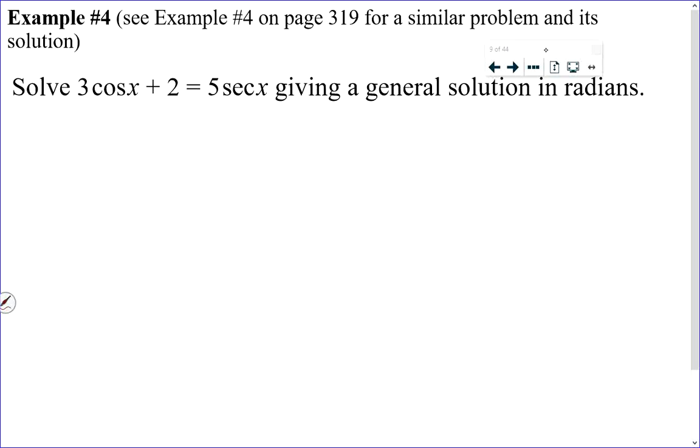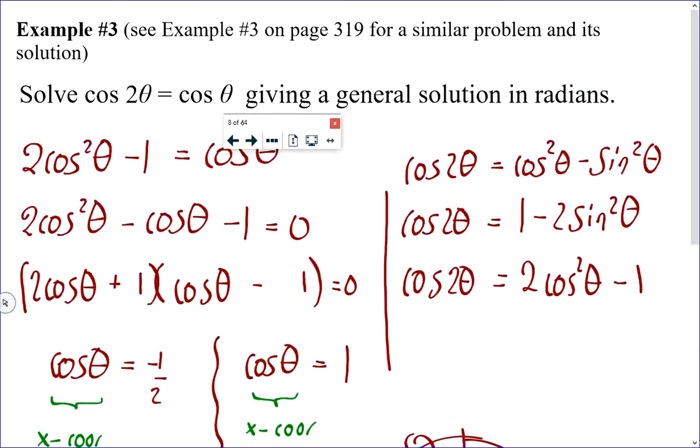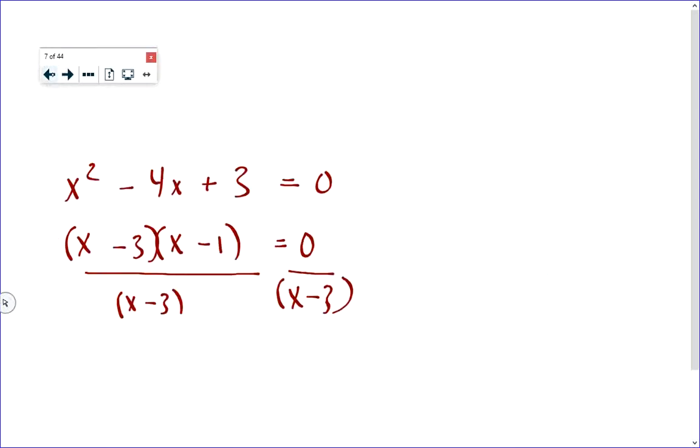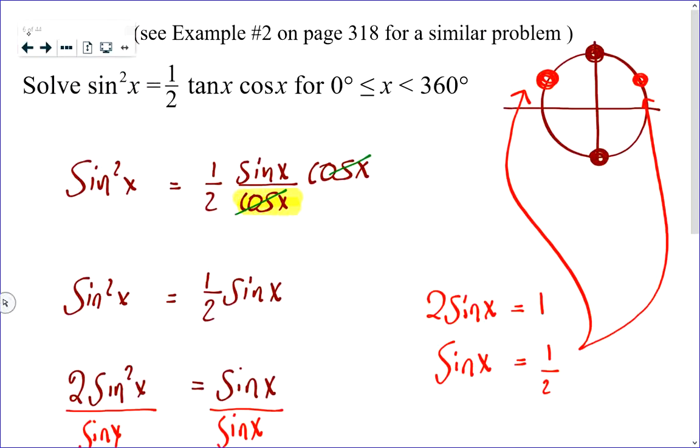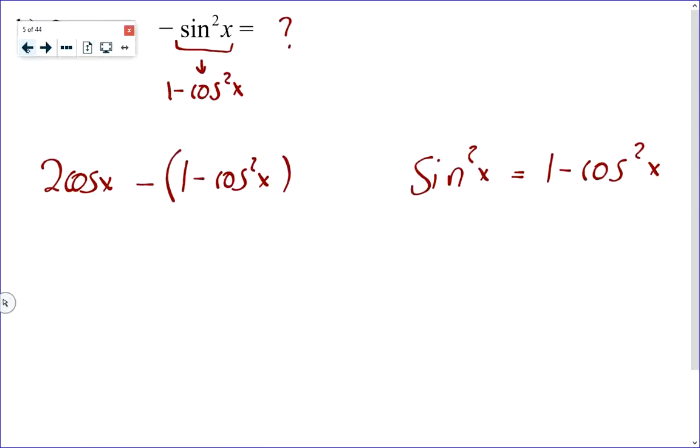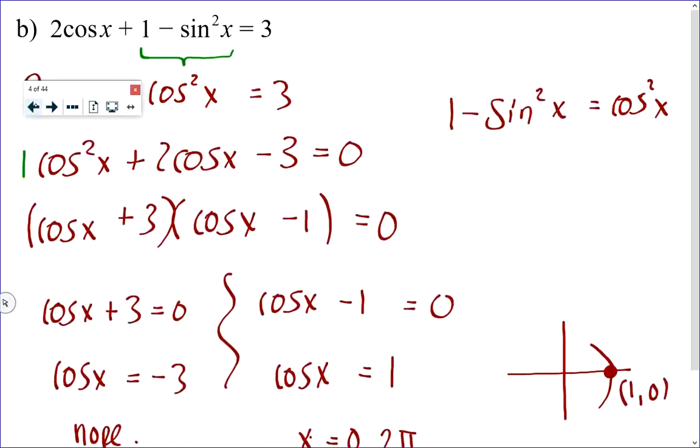There are exceptions. But, you know, in this previous question that we were just talking about, we had sines and tangents and cosines, and we got it so that it was all sines. In the one before, we had a mixture of sines and cosines, and we got it so it was all cosines.